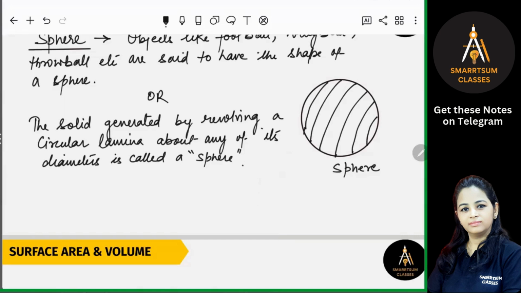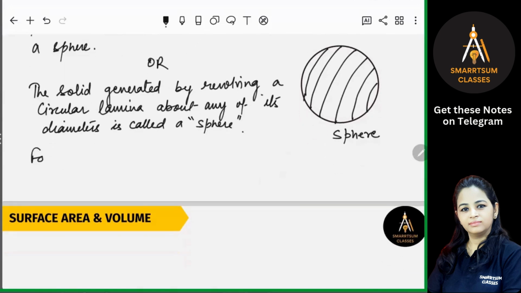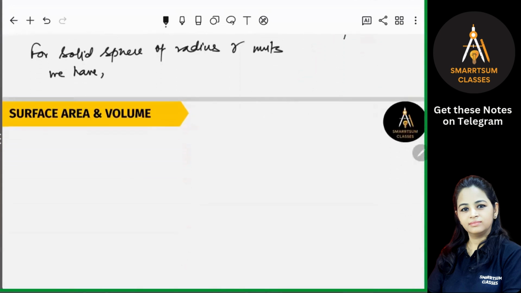So for a solid sphere of radius r units, we have certain formulas. The first formula is the volume of the sphere, and the volume of the sphere is 4 by 3 pi r cube.